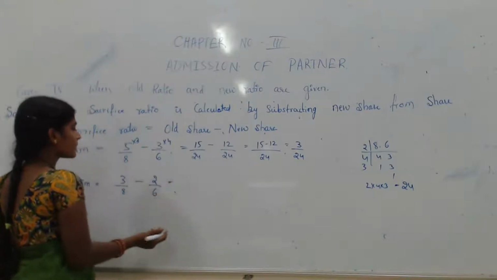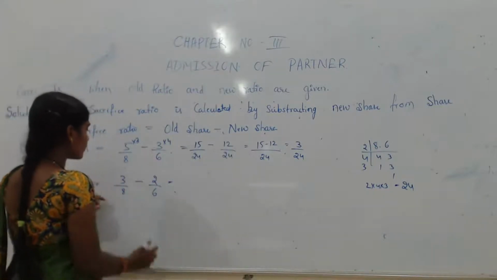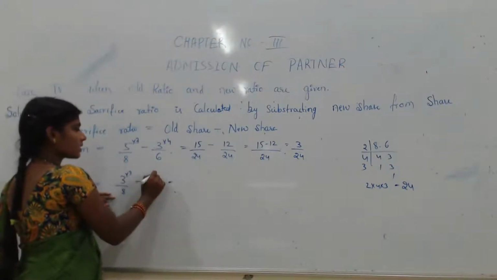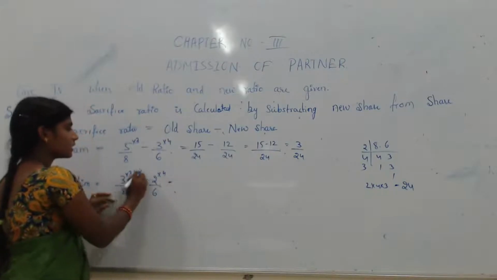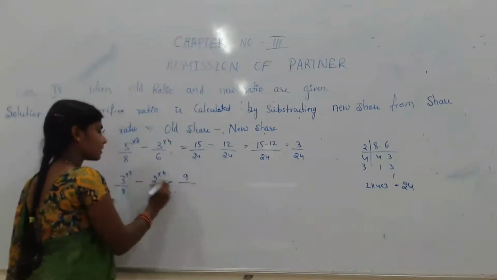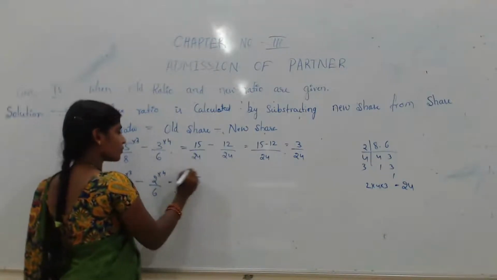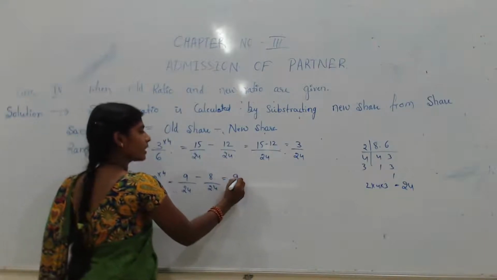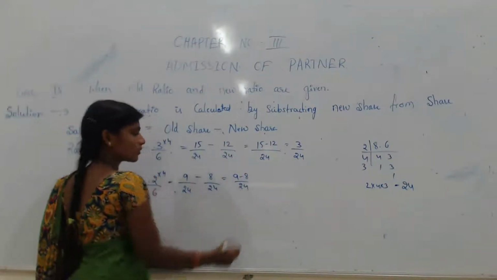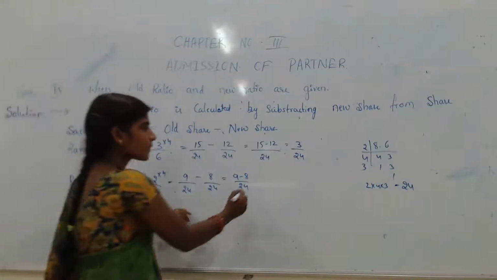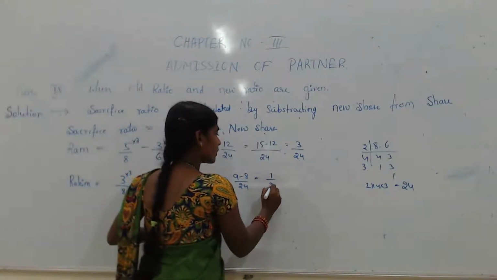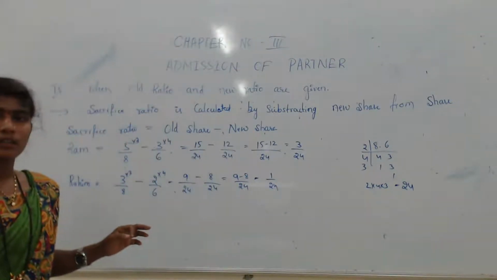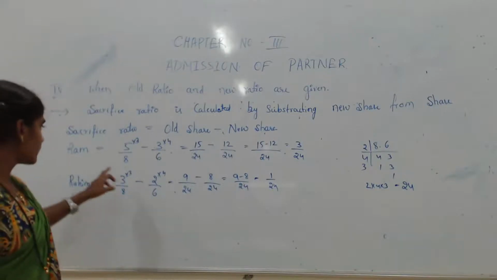Okay. So again the LCM is 24. 3 threes are 9 by 24, minus 2 fours are 8 by 24. So 9 minus 8 by 24, which is 1 by 24. 1 by 24 is the sacrifice share of Rahim.